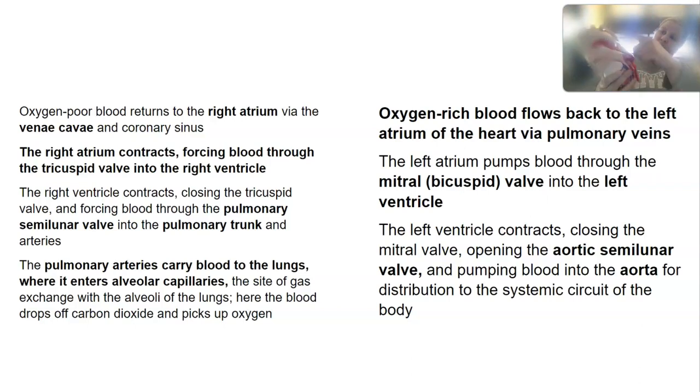It is what directly leads all your unoxygenated blood into your heart. Then the right atrium forces it through the tricuspid valve into the right ventricle. The right ventricle contracts, closing the tricuspid valve, forcing the blood through the pulmonary semilunar valve into the pulmonary trunk and to the arteries.